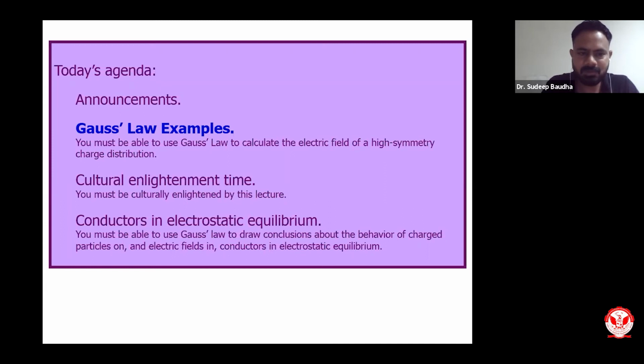Then I will show you cultural enlightenment time, where I show how Gauss law is very important when we define some parameters of electromagnetic theory. The third topic we need to cover is conductors in electrostatic equilibrium, how a conductor behaves in electrostatic equilibrium. If not possible today, we will continue tomorrow.